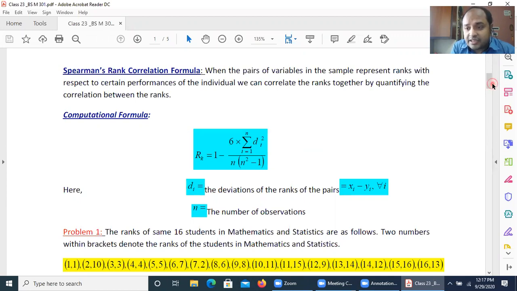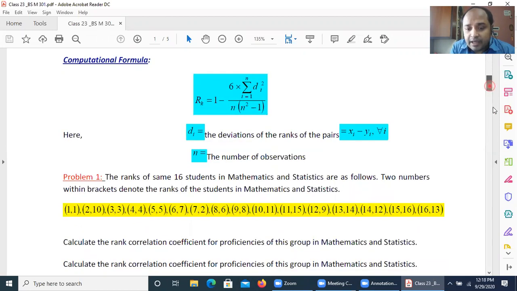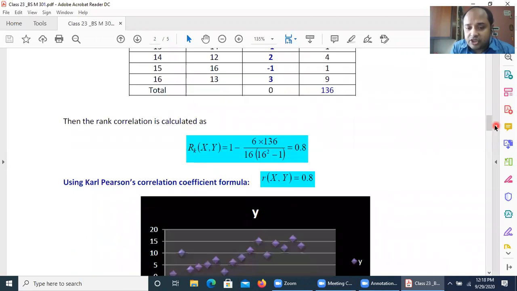But very interestingly, if you take the help of an Excel sheet, or do it manually, and tabulate all the ranks in the Excel sheet and calculate the correlation, it will come out as 0.8. Now in the Excel sheet, the correlation key is not actually denoting Spearman's rank correlation.